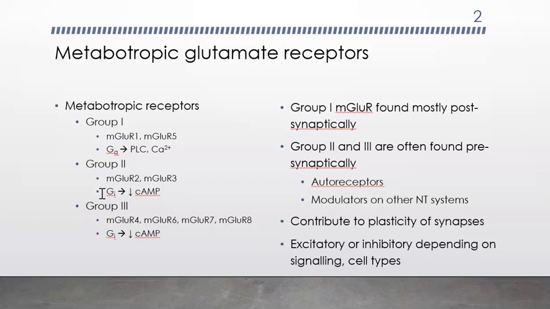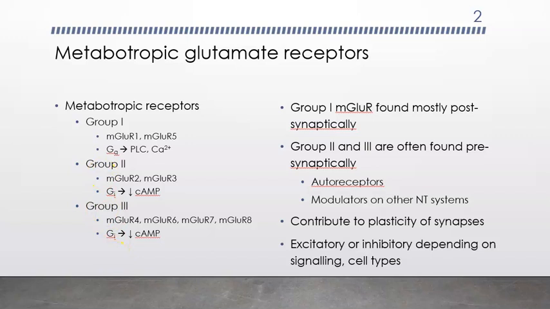These are GI receptors that decrease cAMP. And then group 3 is mGluR4, 6, 7, and 8. And these also are GI coupled receptors that decrease cAMP. So group 2 and 3 lead to the same thing, but they are two different groups.